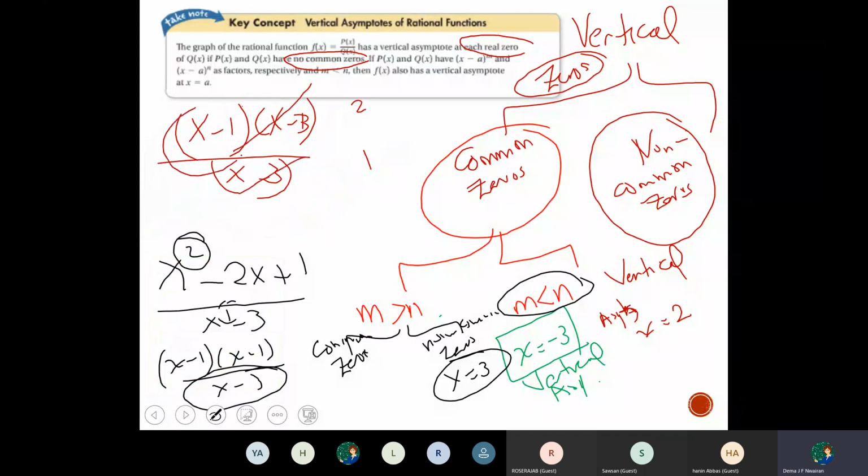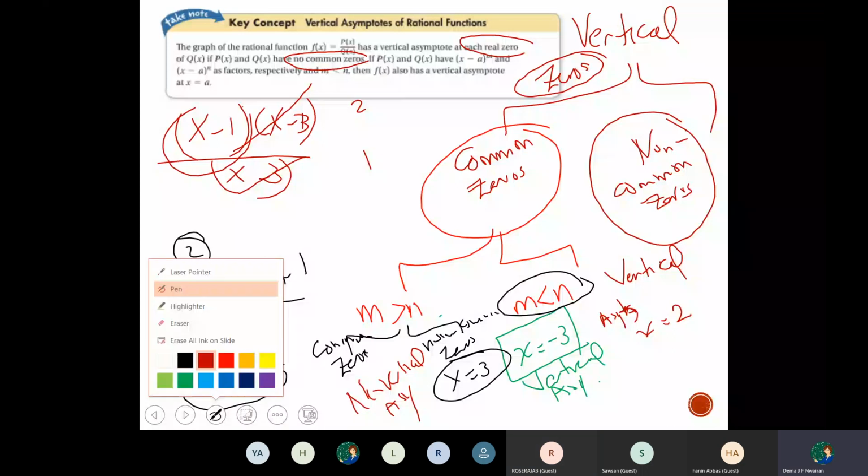If there are common zeros here, I will say that there are no vertical asymptotes, but there is a point of discontinuity, which is at point x equal 3. Is it clear now? I get confused.